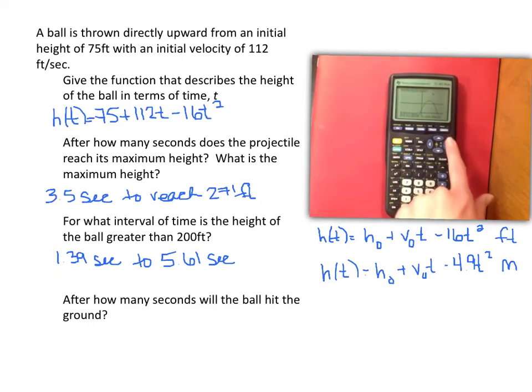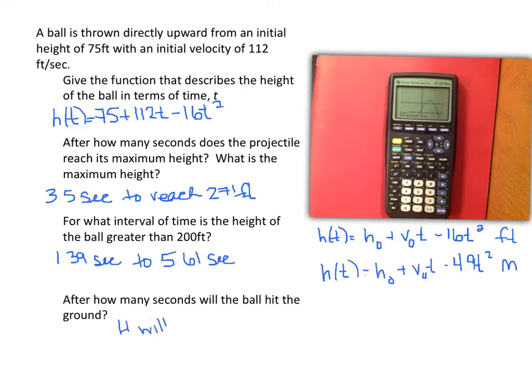So the spot is already to the left, and I will arrow right so that I go past that x-axis, enter, enter again. And it will hit the ground in 7.62 seconds.